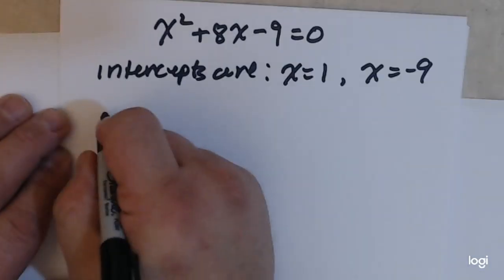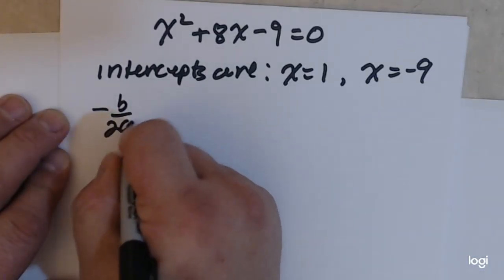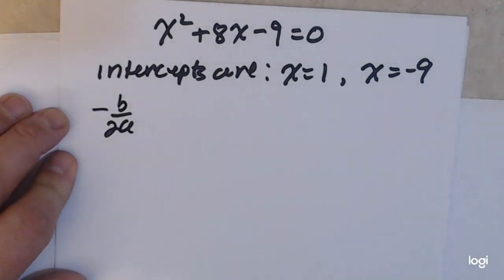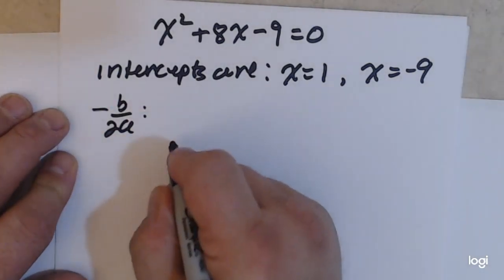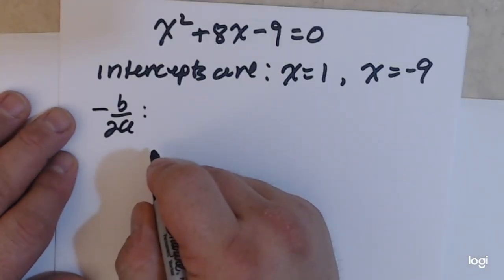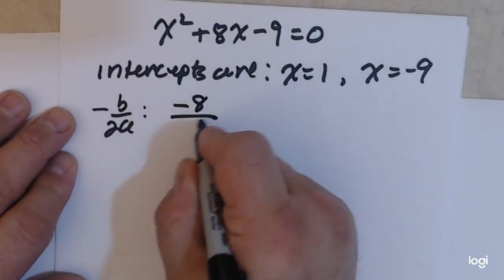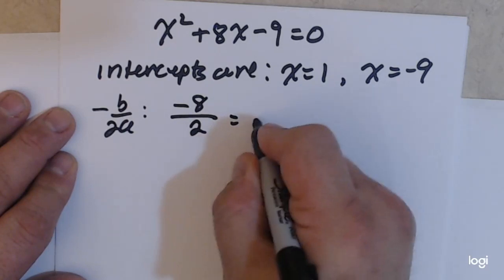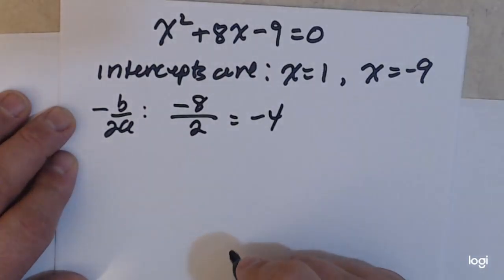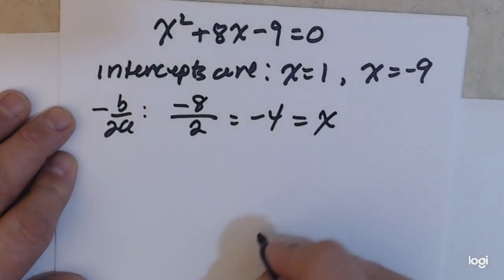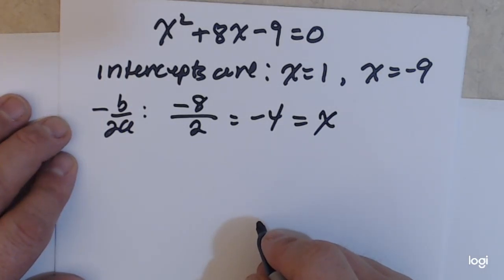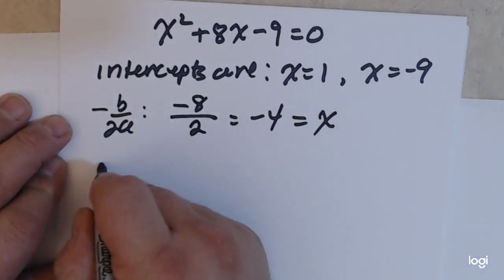We know that negative b over 2a is going to give us the x value for the vertex. So negative b would be negative 8 over 2 times 1, which is 2, so negative 4. And our y value, let's plug it in.